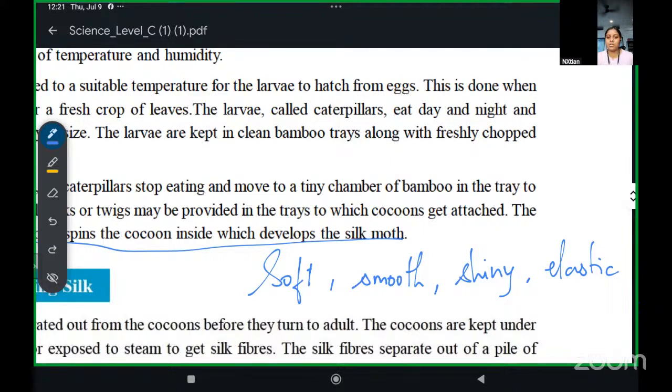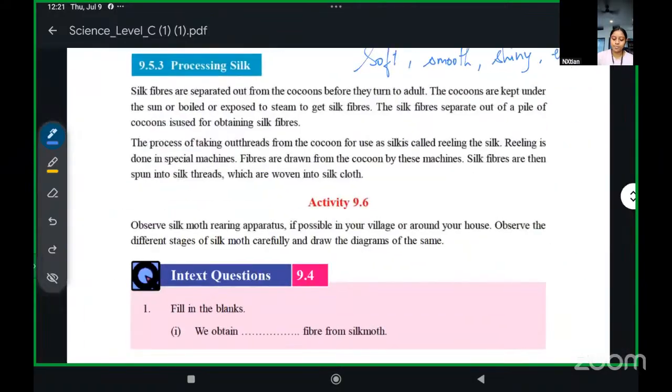So we might not get these features in the cocoon of butterflies, even though butterflies also grow in the same manner by cocoon.